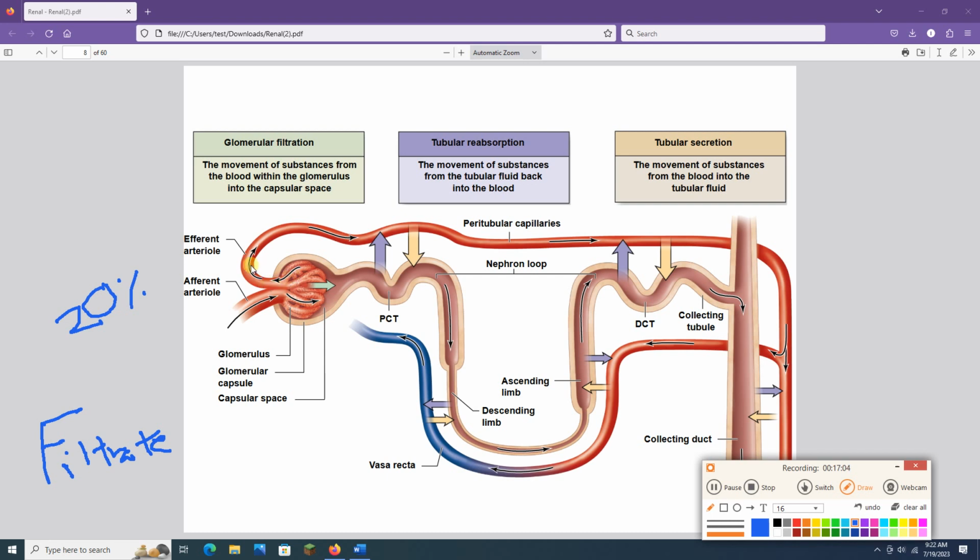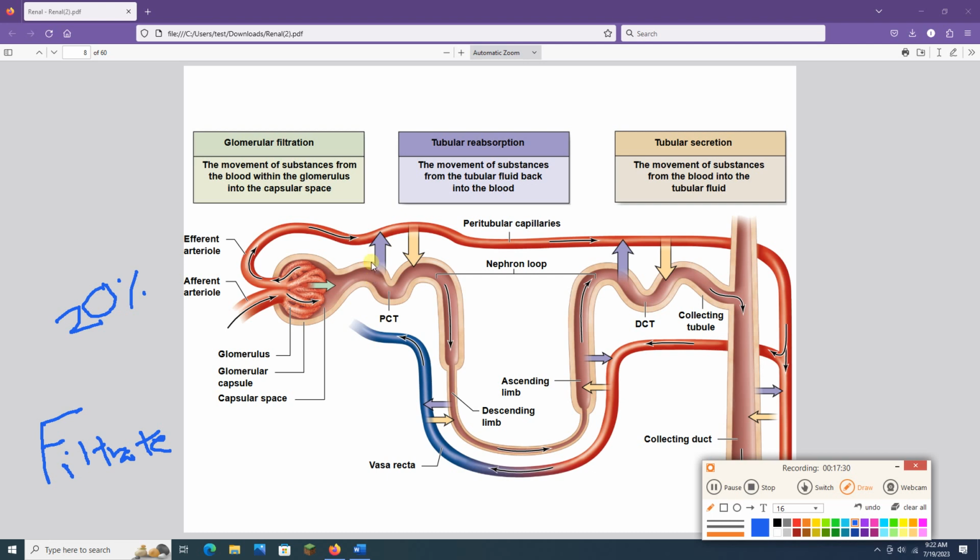Now, the blood of the efferent arteriole goes up into these peritubular capillaries, or perhaps into the vasa recta, and the blood in the peritubular capillaries and the vasa recta, by flowing alongside the little tubes where the filtrate was, means we can exchange stuff between the filtrate and the blood.